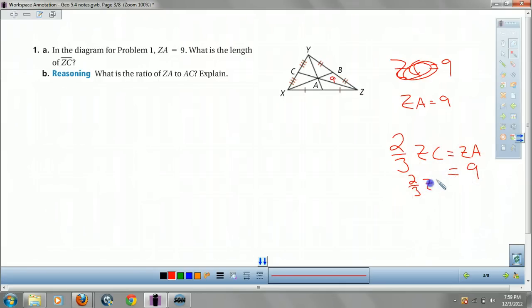So 2/3 ZC equals 9. Now, how do you get rid of 2/3? You multiply by 3/2, right? So ZC equals 9 times 3/2, 27 over 2, which, if you want to make that into a decimal, would be about 13.5. Okay?